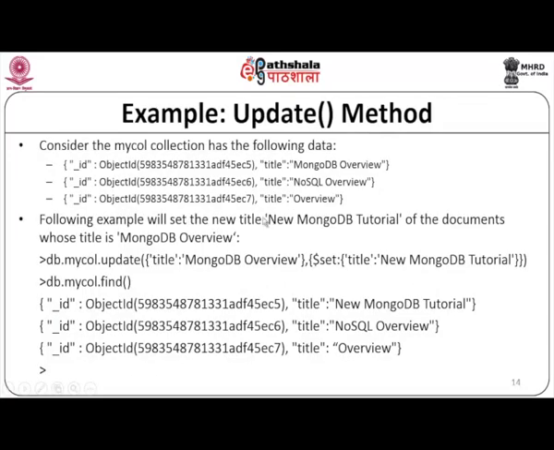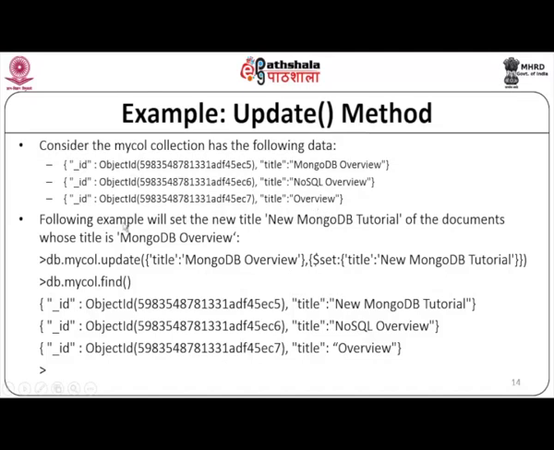For example, consider your collection contains the following documents, that is, one document has the title MongoDB overview, another document has the title NoSQL overview, and the third document has the title overview.